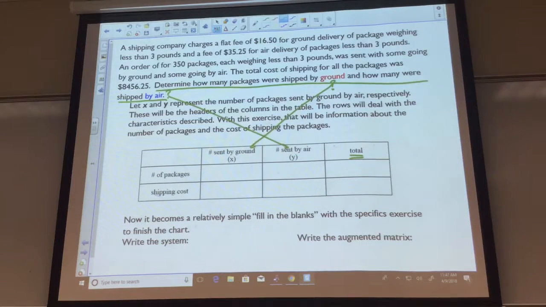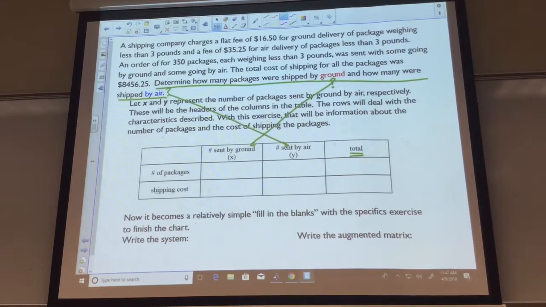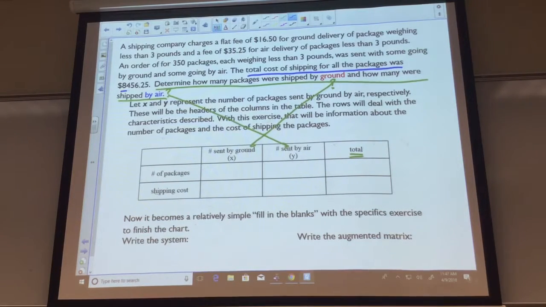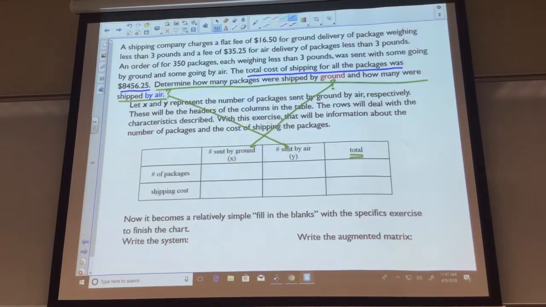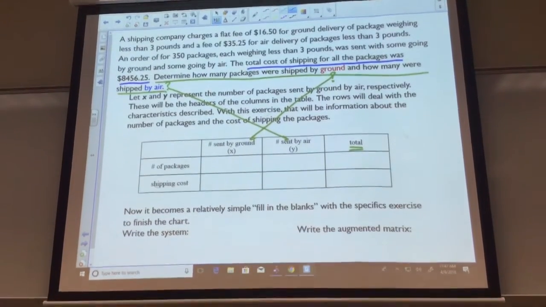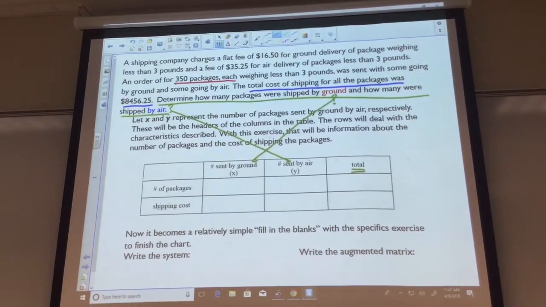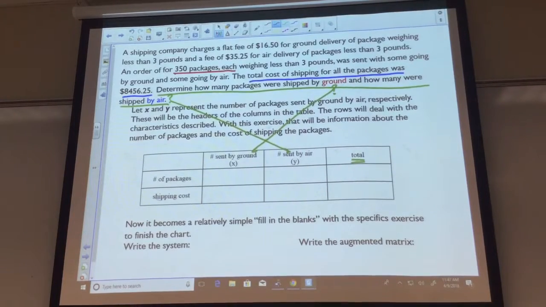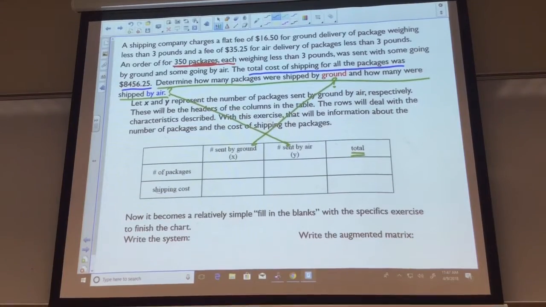Let's read through the problem and find the totals first. Total cost of shipping for all packages was $8,456.25. 350 packages total were shipped. This is a piece of information that talks about packages.